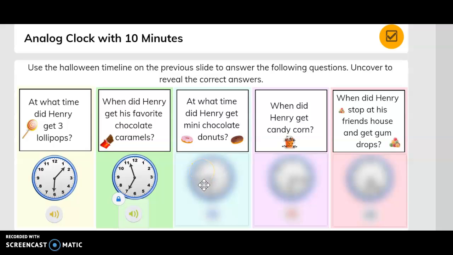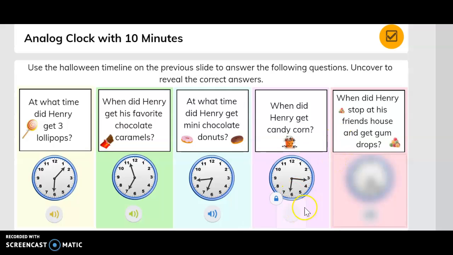What time did Henry get mini chocolate donuts? You should have 6:44. When did Henry get candy corn? 6:16. When did Henry stop at his friend's house and get gumdrops? 6:24.